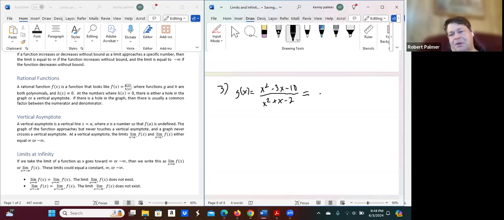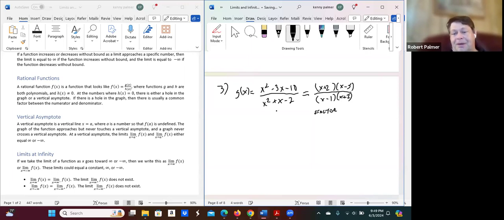So actually, we factor this. We're not going to discuss how to factor, hopefully some of you remember. If we factor this, the numerator factors into x plus 2 and x minus 5, and then the denominator factors into x minus 1 and x plus 2.